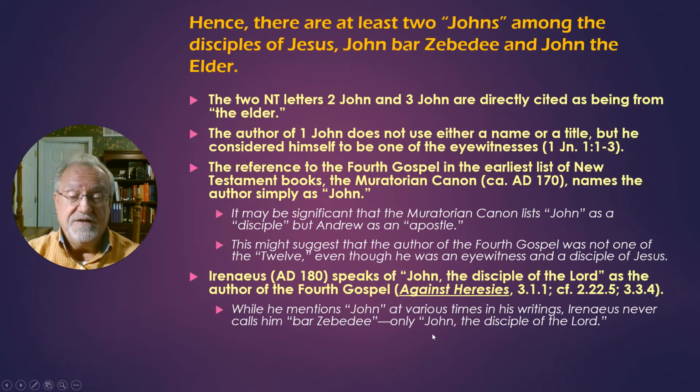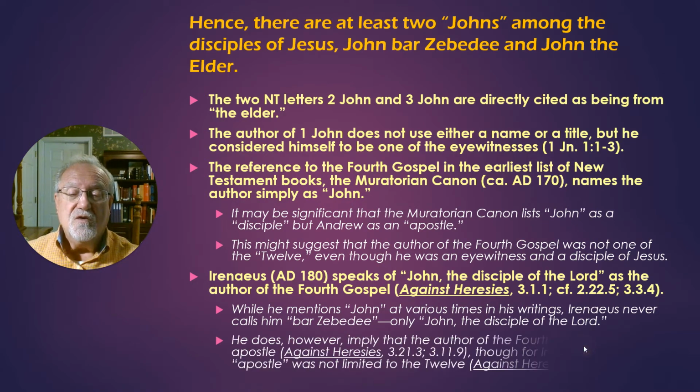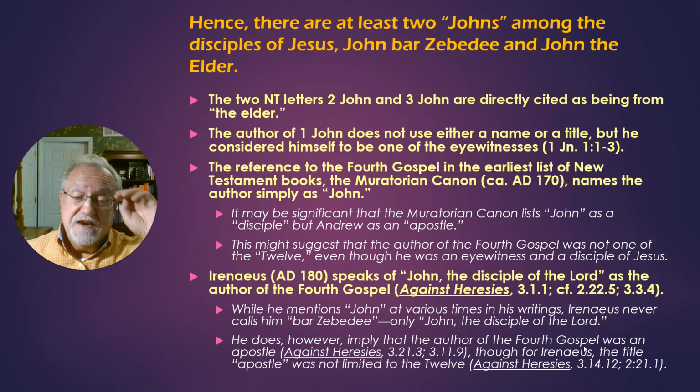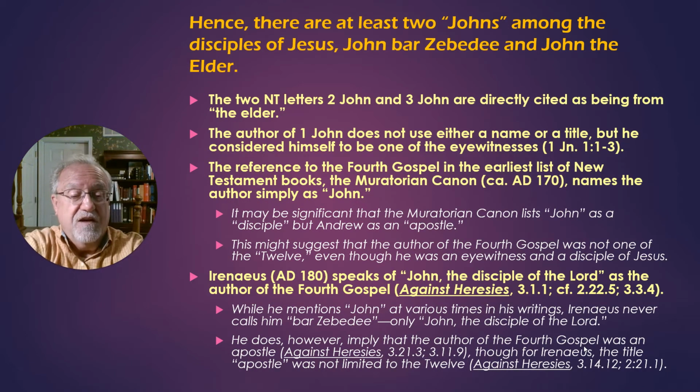When he mentions John at various times in his writings, and Irenaeus does this several times, he never calls him John the son of Zebedee. And he doesn't call him John the brother of James. He just simply calls him John, the disciple of the Lord. He does imply, however, that the author of the fourth gospel was an apostle.